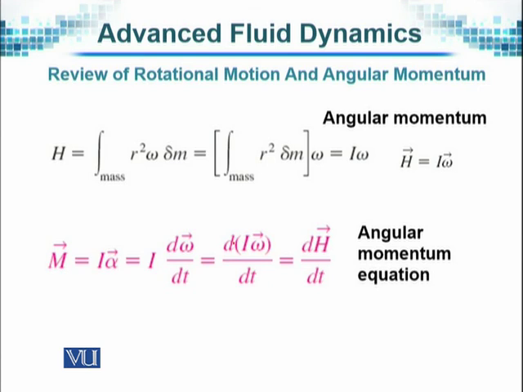We denote the inertial effect I omega as H, and H is given by the integral that you see, and therefore M is equal to I into alpha, where alpha is the angular acceleration, equal to d omega by dt. This can be written as d of I omega by dt, and I omega can be written as H. Therefore M can be written as dH by dt.